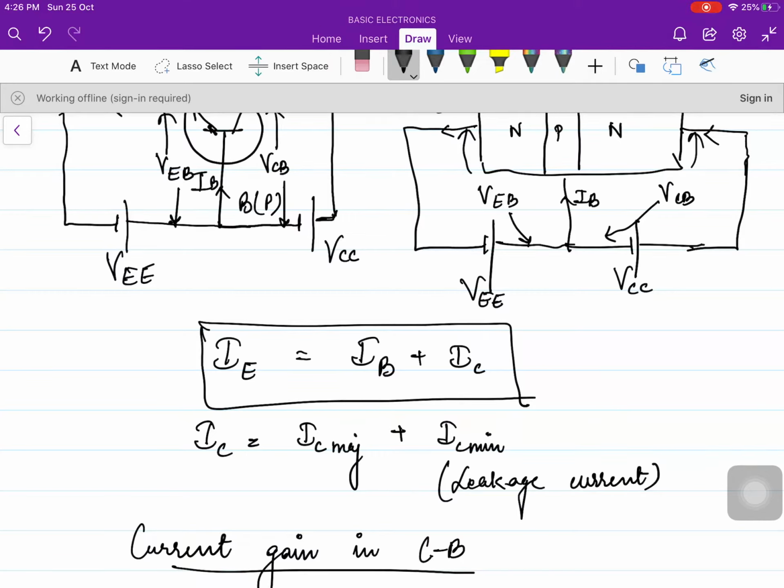So in this case, when we are learning the transistors, we are having two PN junctions. So therefore we will be having two graphs, that means two types of characteristics for each of the circuits. That is input characteristic and the other is output characteristic.